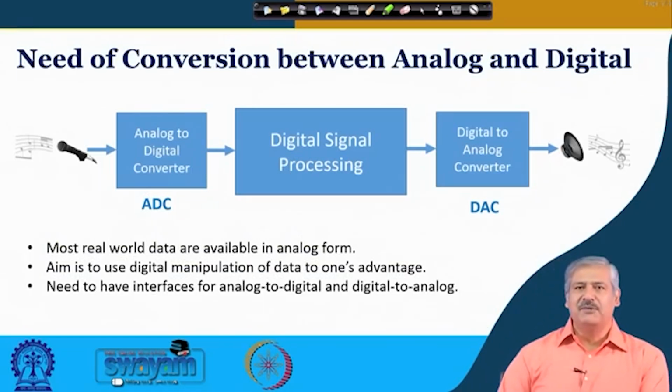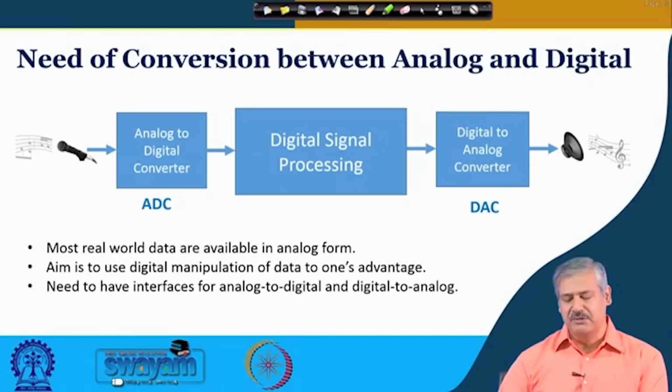Now, we go to a very important thing about digital manipulation of signals. Most of the real life signals that we encounter are analog in nature. Analog means continuously varying with time. We had already seen that digital manipulation is advantageous, and more about it you will study in some future courses, or parallelly you are studying in signals and systems or digital signal processing.